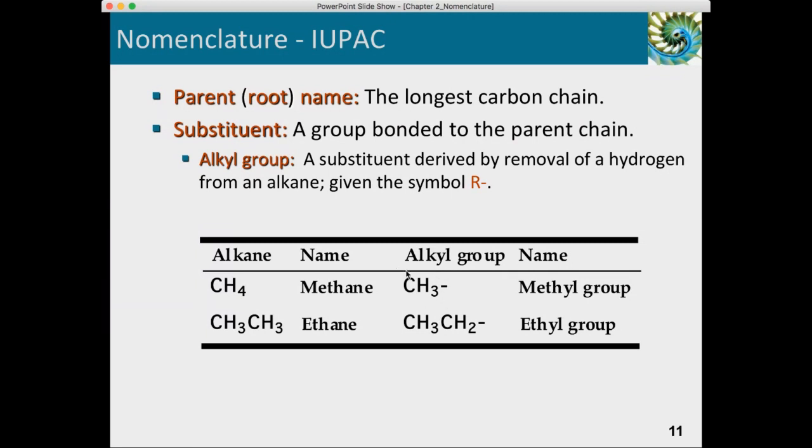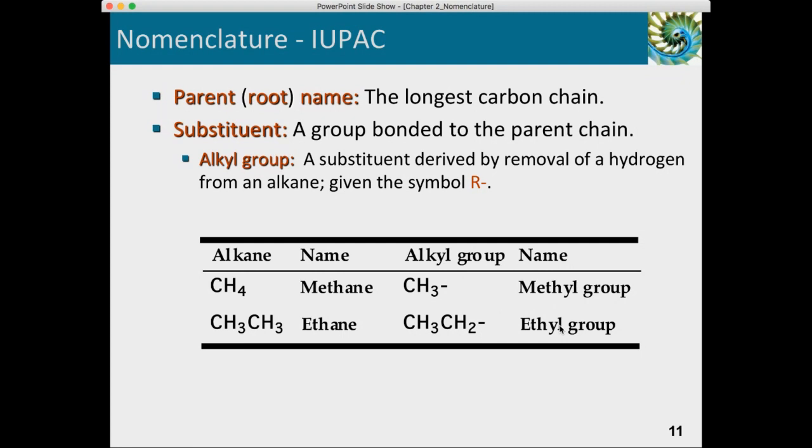So because it's the alkyl group derived from methane, we call it methyl group. Meth from 1, yl from alkyl, methyl. When you have 2 carbons, that's CH3CH2 bonded to the parent chain, that's the ethyl alkyl group.